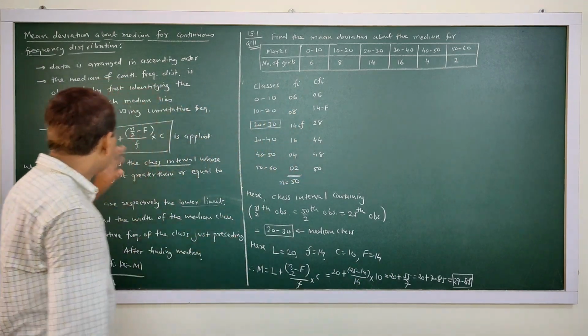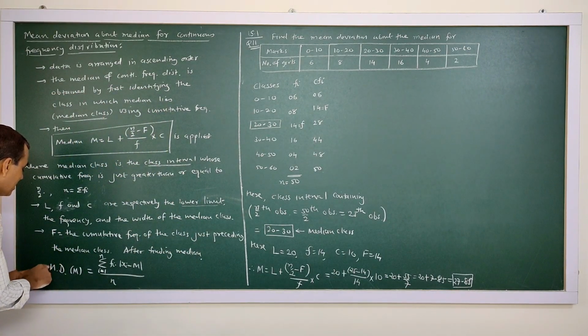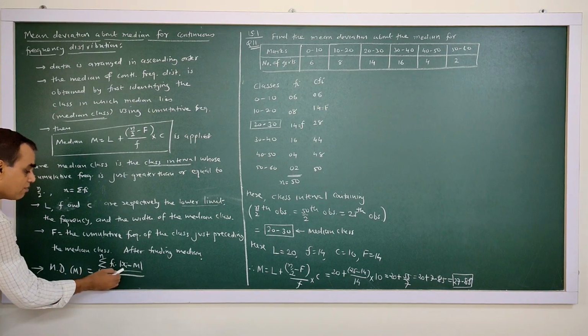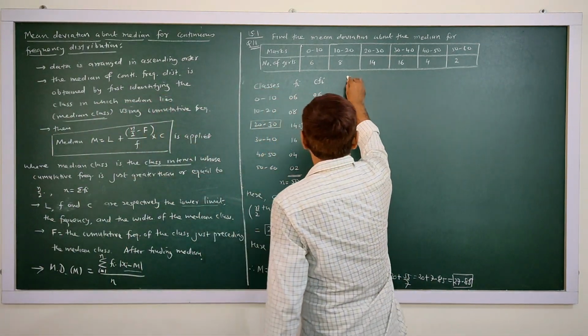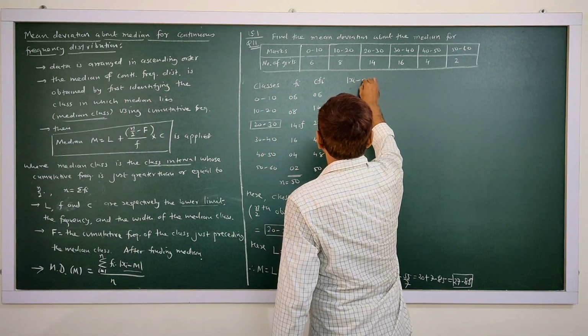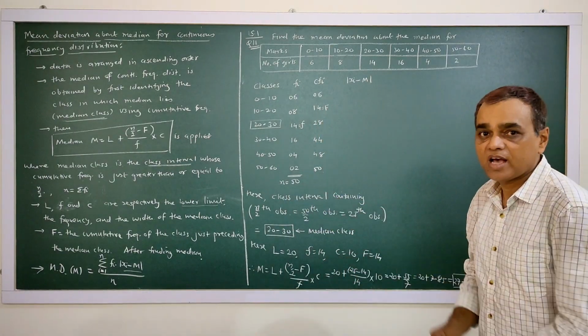Now after calculating the median, to calculate mean deviation, we prepare a column for modulus xi minus m. Then this column we will multiply with fi.